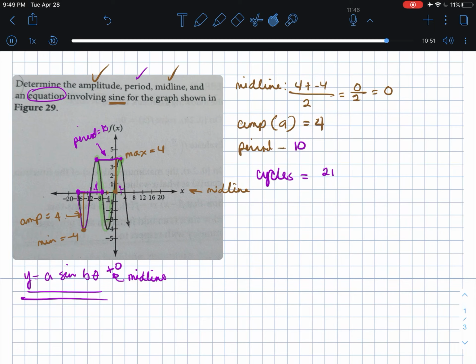So cycles is equal to 2 pi divided by the period. That is 2 pi divided by 10, which is pi over 5. So from there, we can write our function: y equals A is 4 sine, and our B is pi over 5 theta.